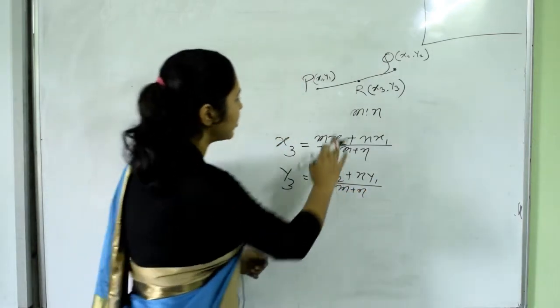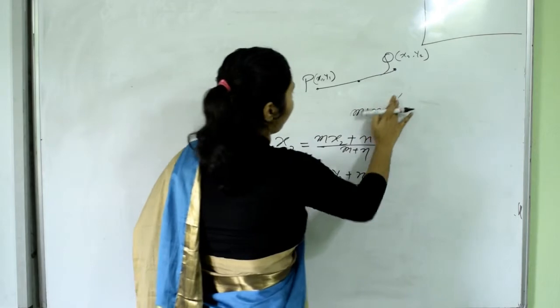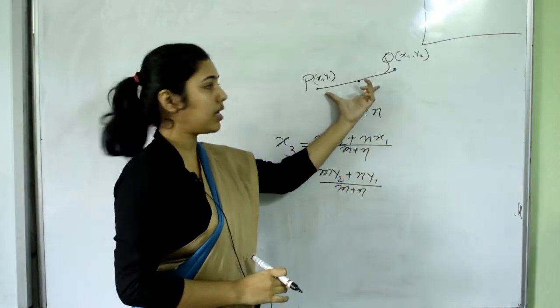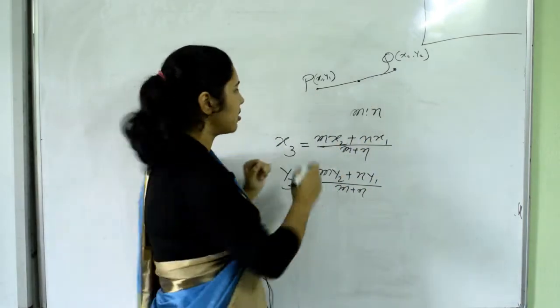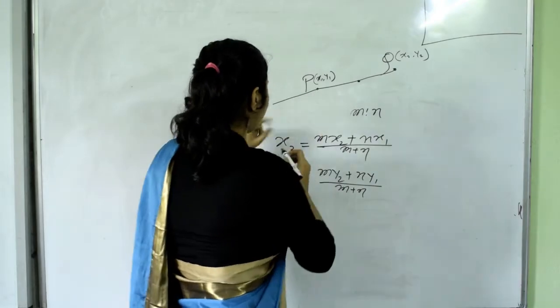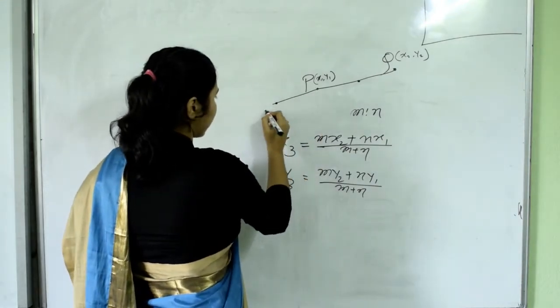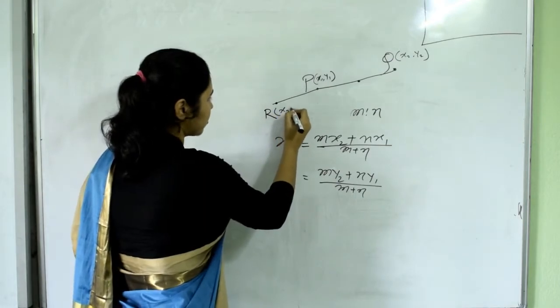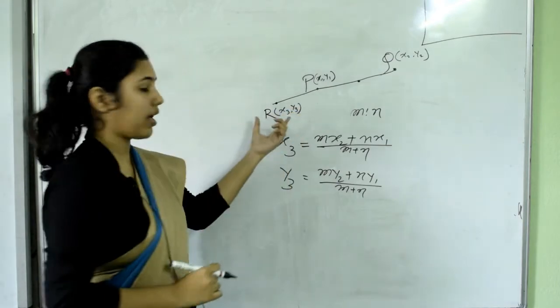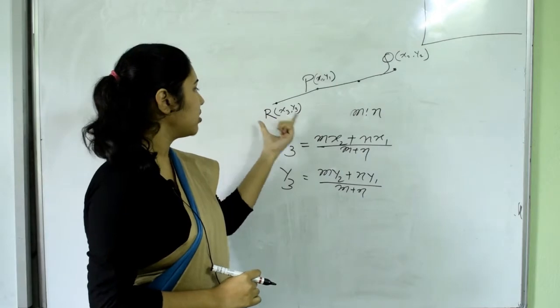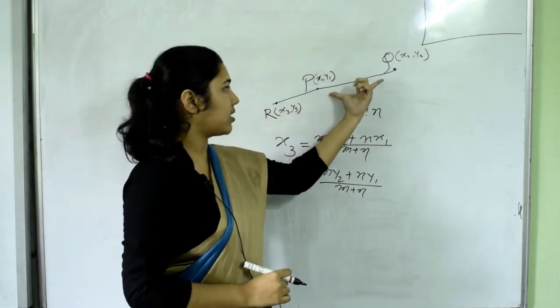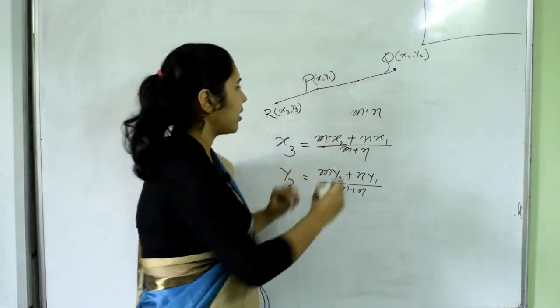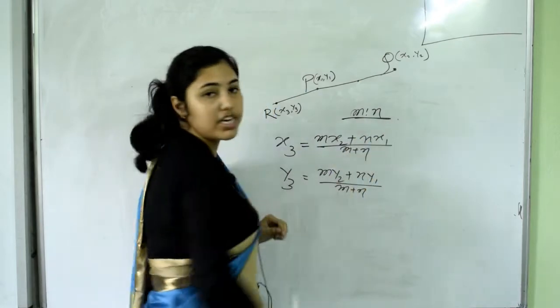Now if this point R is not between P and Q, suppose this point R is here, and the coordinate of R is (x3, y3), and this point R also divides this line segment PQ in the ratio m:n.